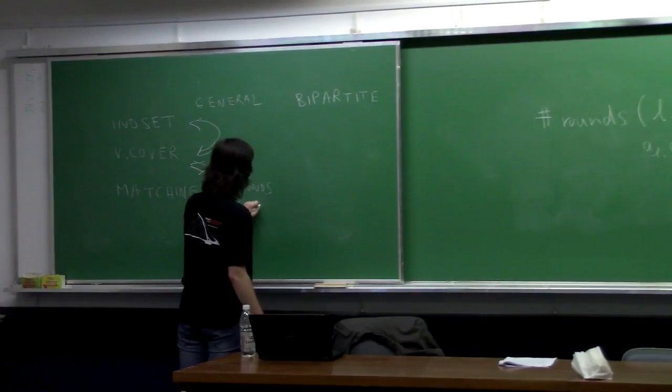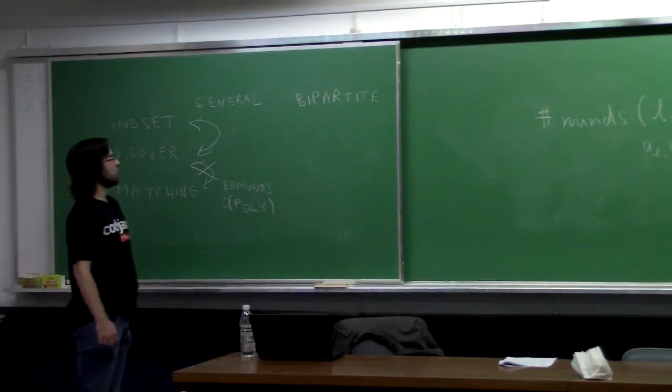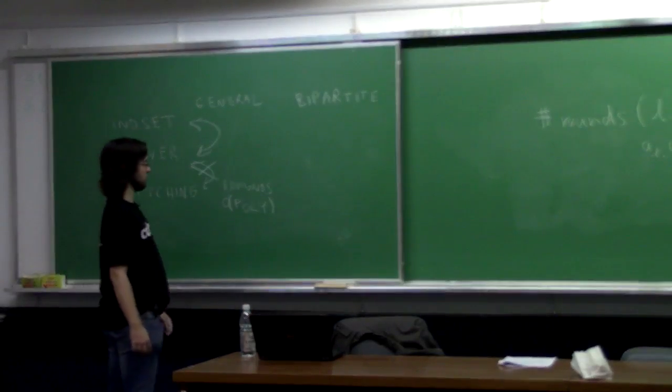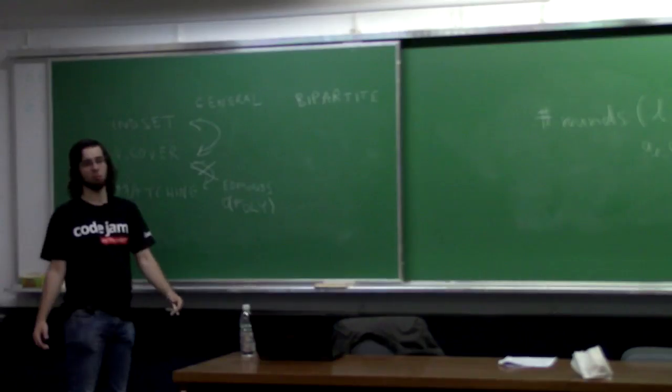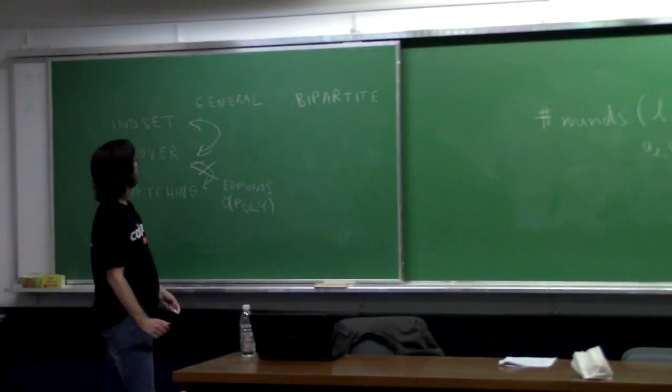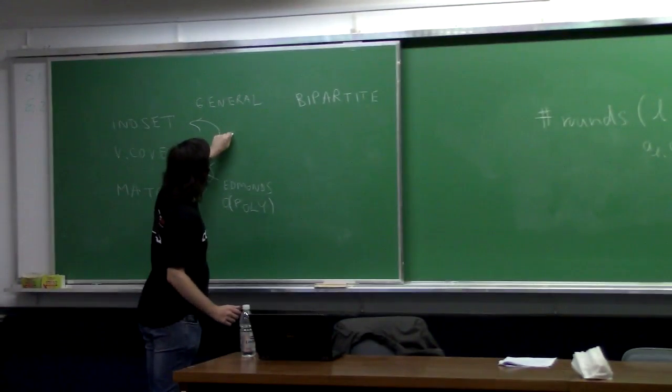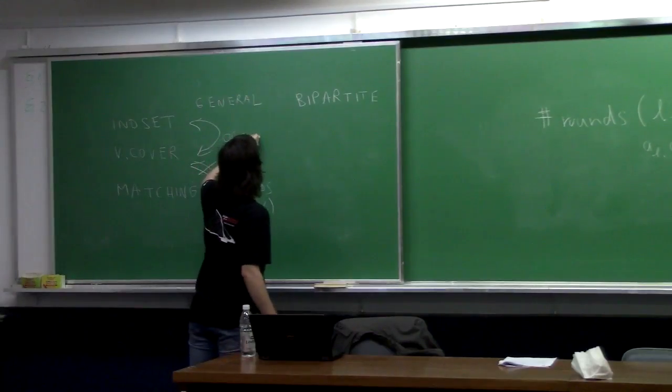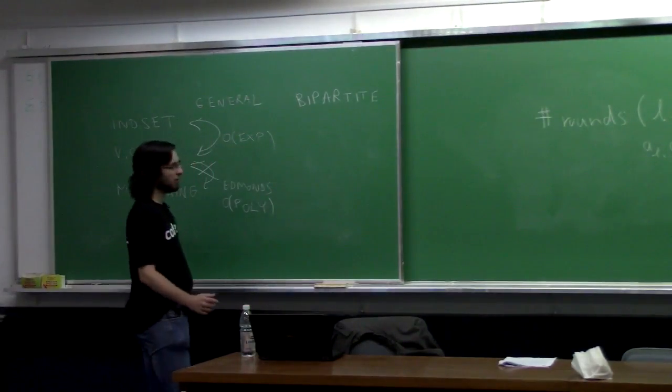O polynomial in a number of vertices and number. And this is exponential apparently so far.